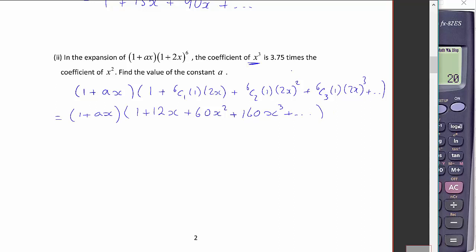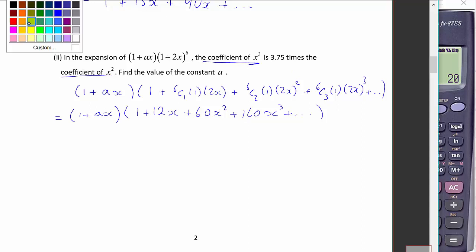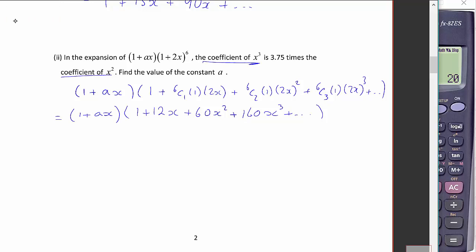Now the x cubed coefficient is 3.75 times the x squared coefficient. So which things here will give me x squared? Well, the 1 times the 60x squared will, and the ax times the 12x, those things will give me x squared.